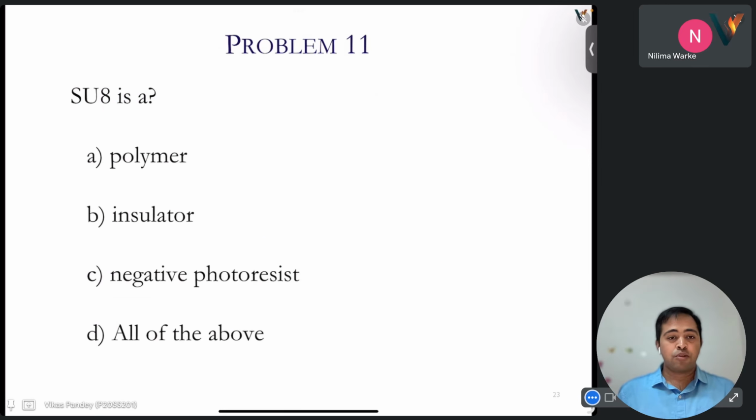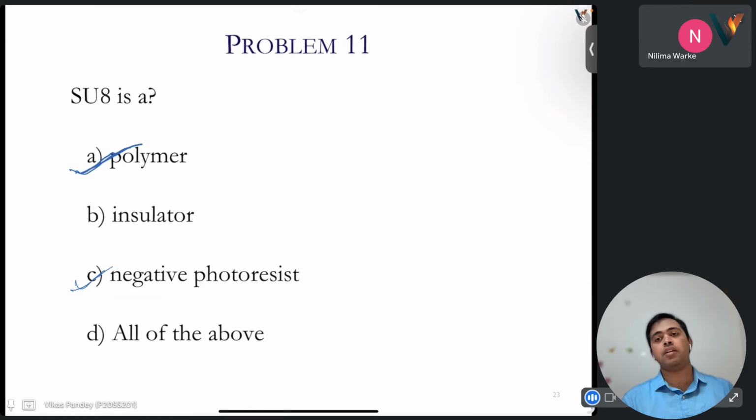So, SU8 is a polymer, insulator, negative photoresist, or all of the above? It's a negative photoresist. Yes, this is correct. Remember in one of the classes I was saying that photoresists generally have three components: a resin, that is a polymer, a binder, and a photoactive material.